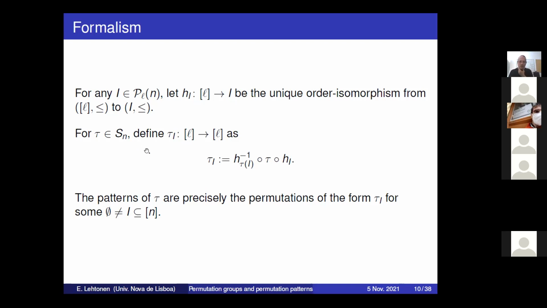We can define a mapping tau_I. So tau was a permutation on the n element set.